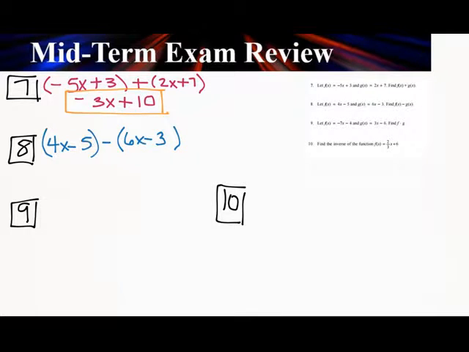A lot of people, what they do is they do 4x minus 6x, so they get -2x, but then they forget to subtract the -3. So -5 minus a -3 is really a -2, because you're going to add that 3. So minus a negative makes it -5 plus 3, which is -2.